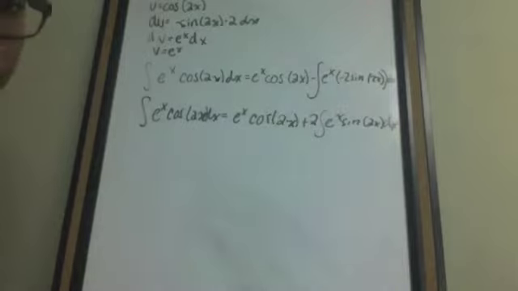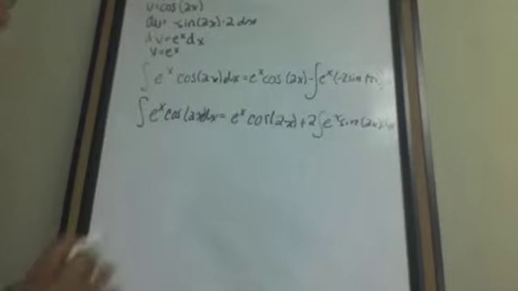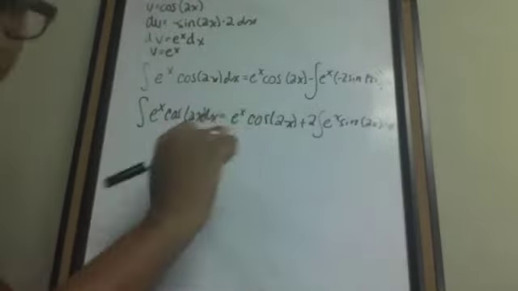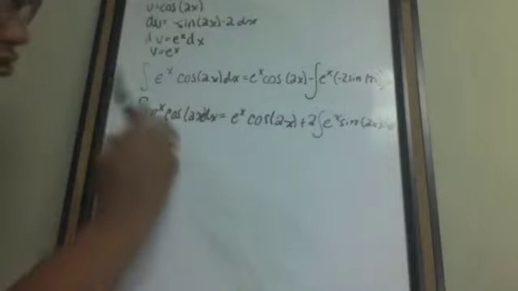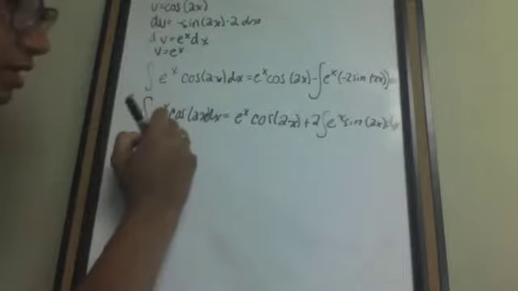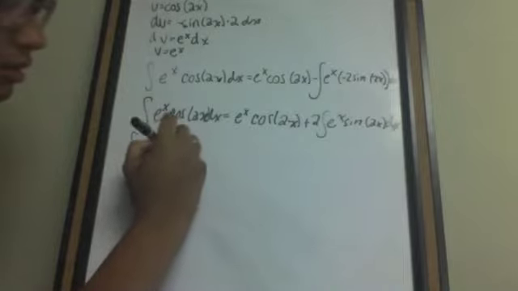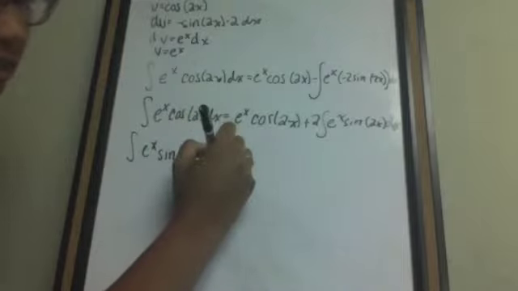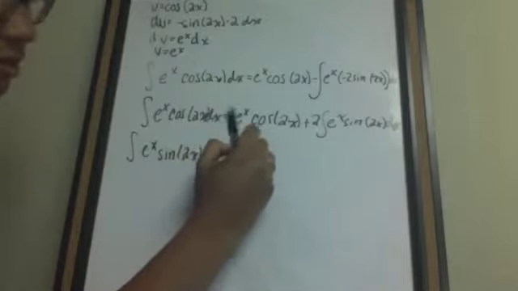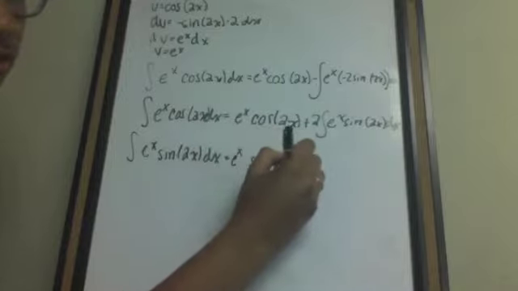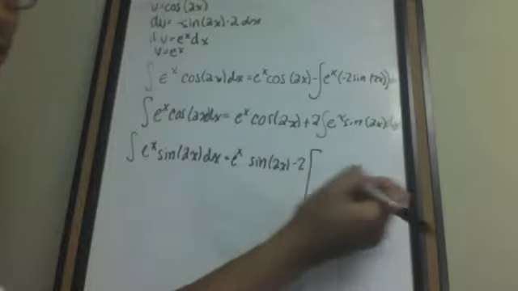And so from there, we have to substitute back into this side in order to get our answer. So this is a lot of work for this problem. So now, this integral, e to the x sine 2x dx equals e to the x sine of 2x minus 2.